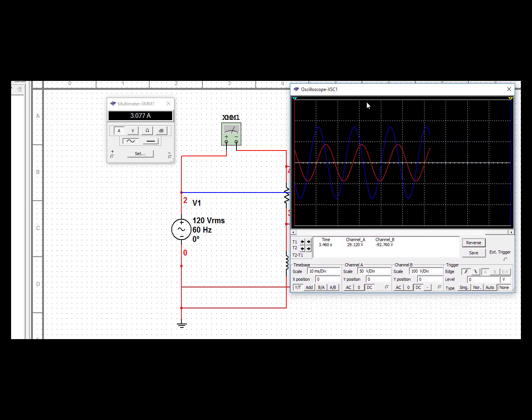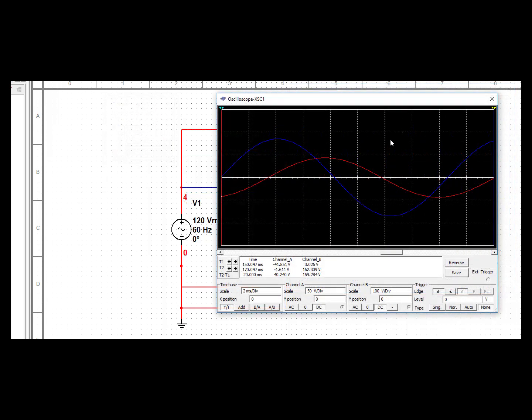Now if I just bring that oscilloscope in so you can see it a little better. If we look at the voltage going positive, I'm just going to move cursor number 2 over and line it up with the zero crossing of the current, and now we've got a time delay.